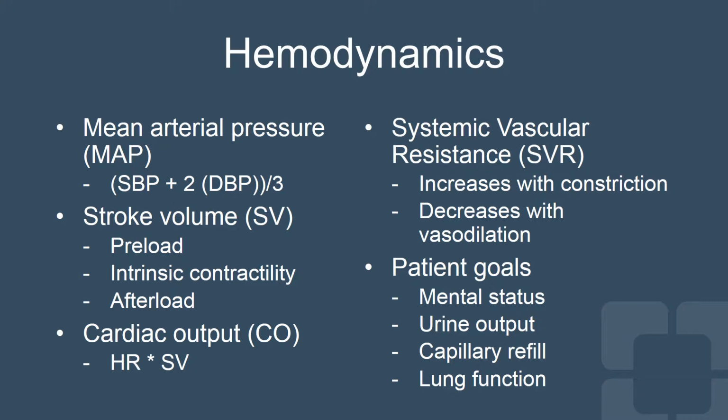Are we getting these patients to perfusing their end organs? How is their lung function? Or how are their oxygen requirements? Are their ventilation requirements decreasing? So these are all things that we want to make sure that we keep in mind for the patient, and not necessarily just the numbers that we'll be looking at when we see these goals that we're shooting for.